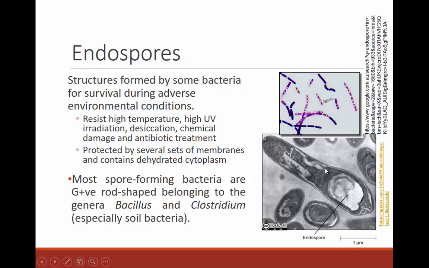And if the environment continues to be harsh, then the vegetative cell around it will die and you're left just with the endospore. Now, that endospore wall is really tough, okay? But if it gets into an environment where it's favourable for growth, then it can germinate and start growing.